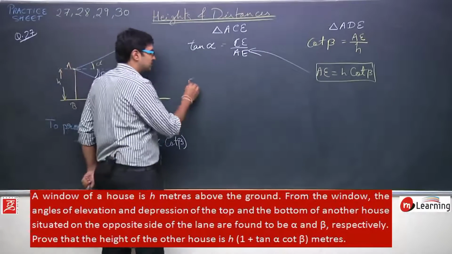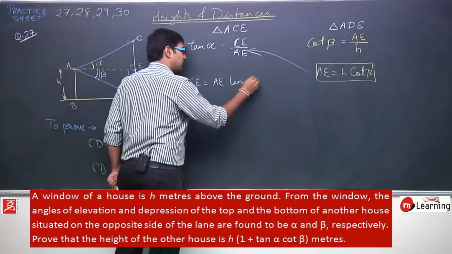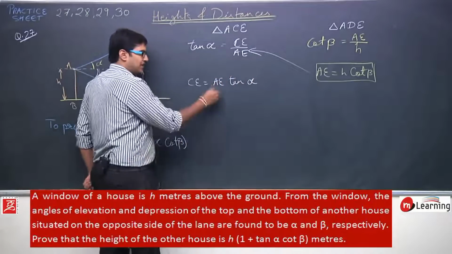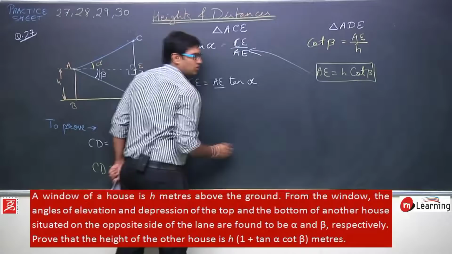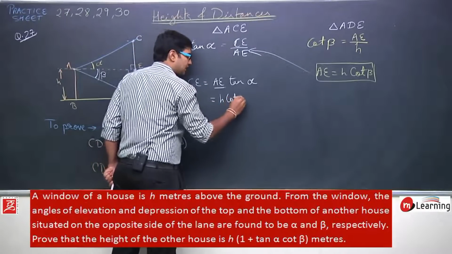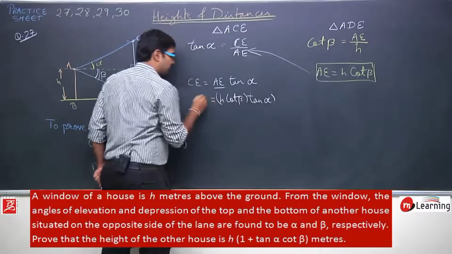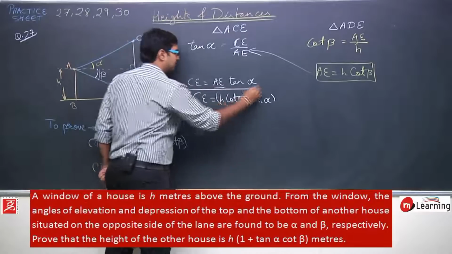You will get CE is equal to AE times tan of alpha, where AE is H times cot beta. So CE is H times cot beta into tan of alpha.